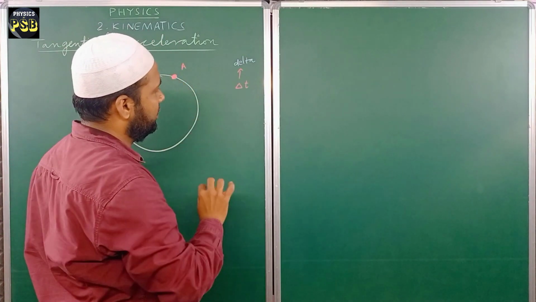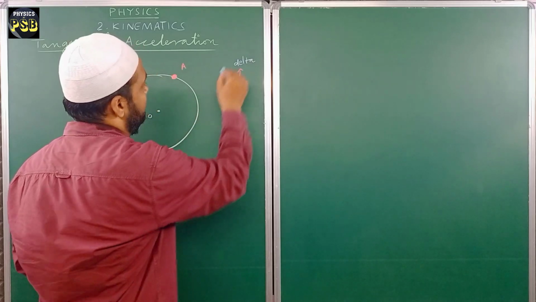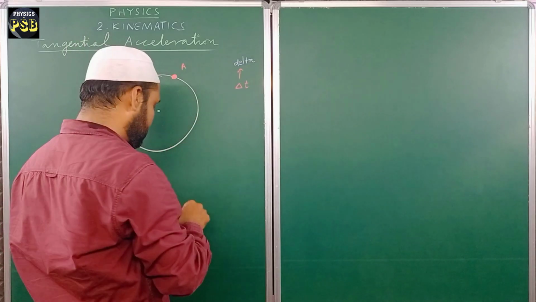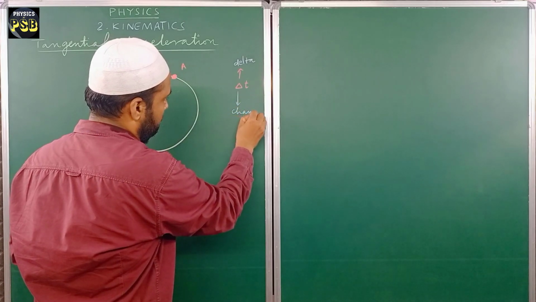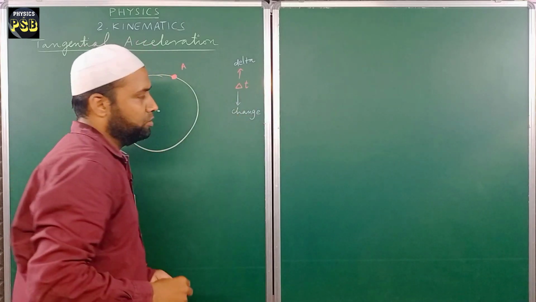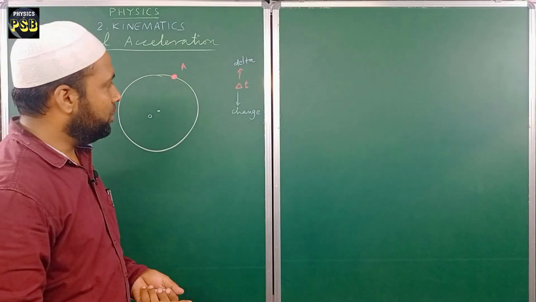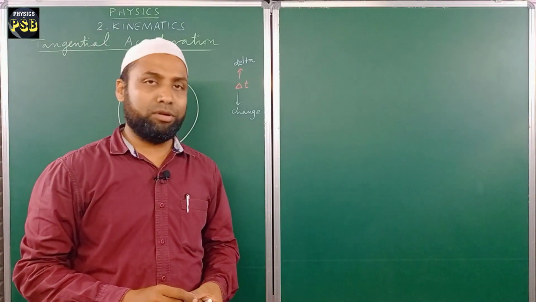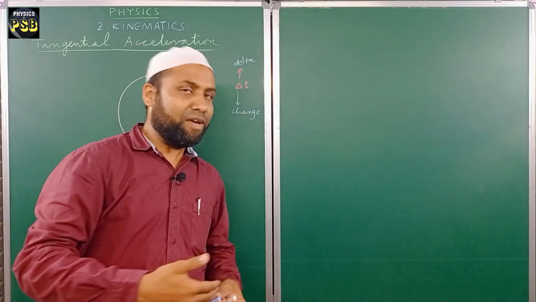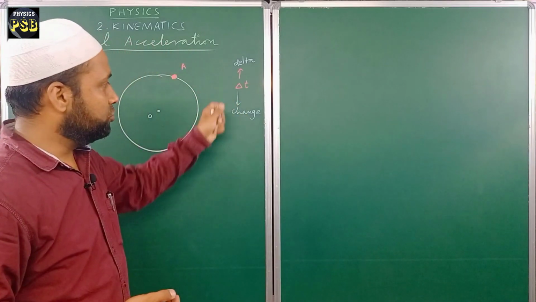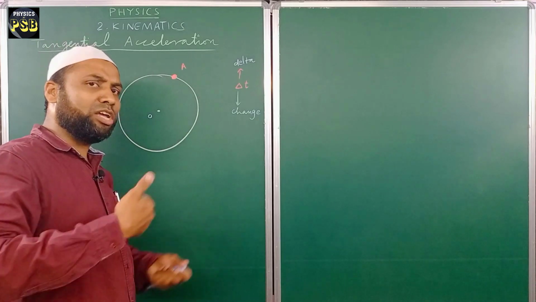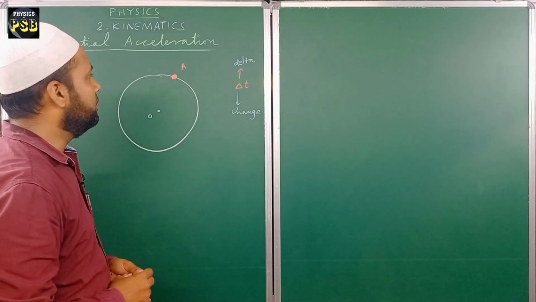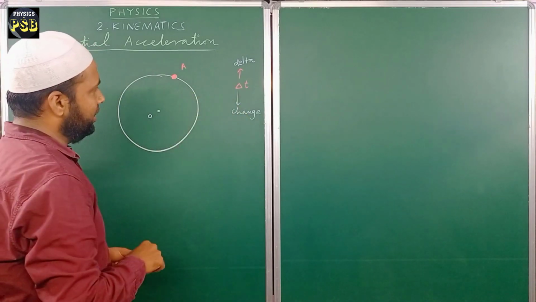Whenever a variable changes its value with time, we use this symbol delta. So delta t actually represents the change in time. Clear?